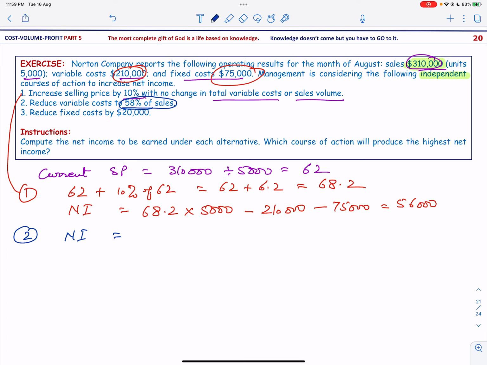So we have sales of 310,000 and the fixed cost does not change, but the variable cost is 58% of 310,000.